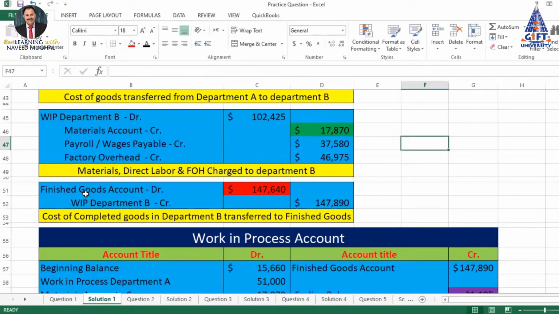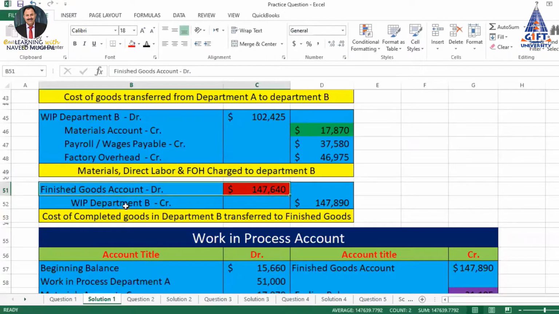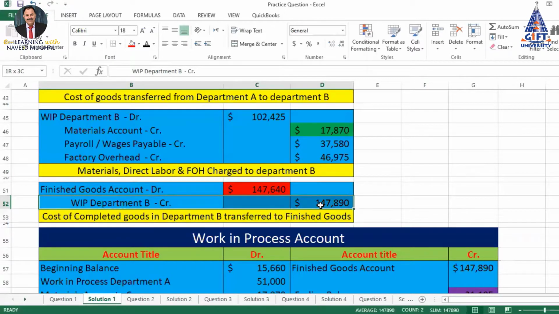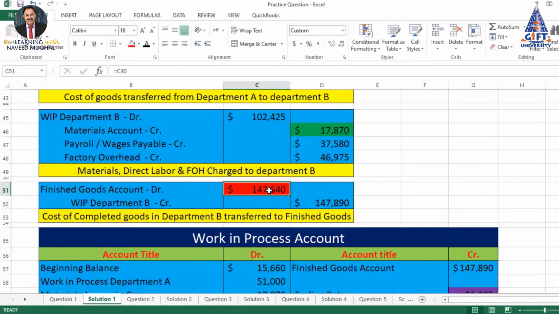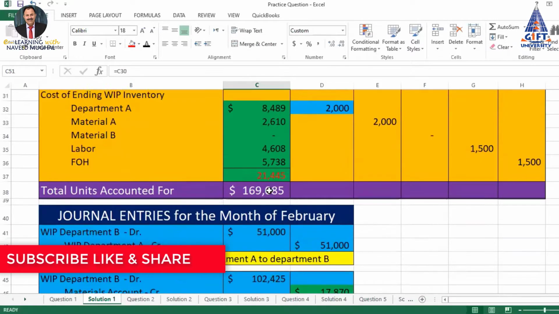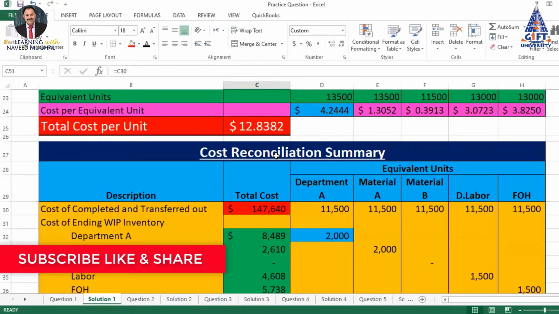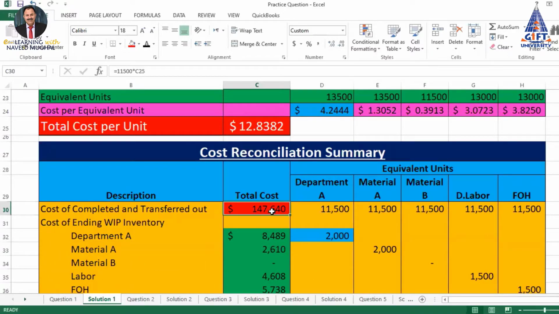The third one is the finished goods entry. When we transfer goods from department B, the finished goods account is debited and the department B work in process account is credited. So this is the entry of cost of completed goods in department B transferred to finished goods. For the amount of this entry, we will use this whole calculation.